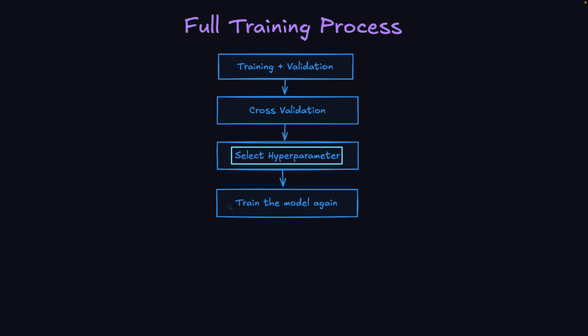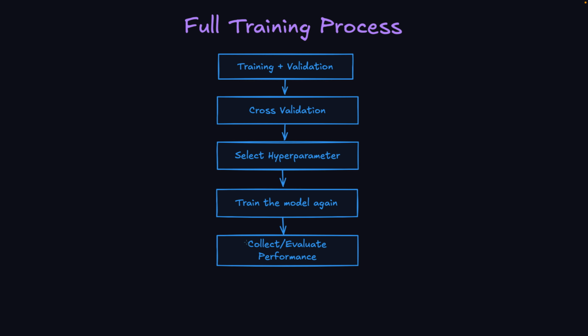Once the hyperparameter is selected, we will train the model again using both training and validation dataset. So during cross-validation, we will only train the model using training dataset, and validation dataset will be used to find the performance of that model. But after the hyperparameter is selected, we'll combine training and validation dataset, and that dataset will be used to train the model again using the selected hyperparameter.